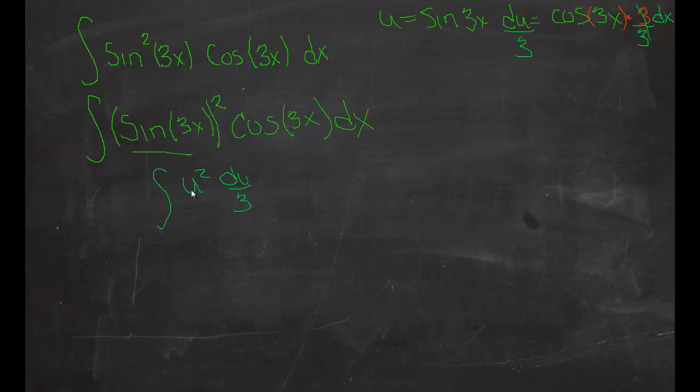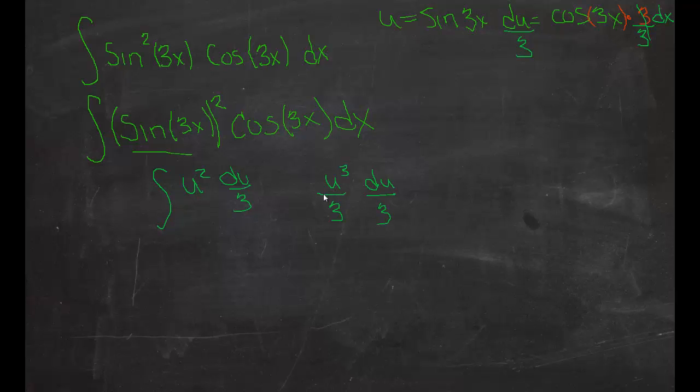Before we do that though, we do have to use our power rule, which states that we add 1 to the exponent and also put the same result underneath here. Okay, and so we will have our du still here over on this side over 3.